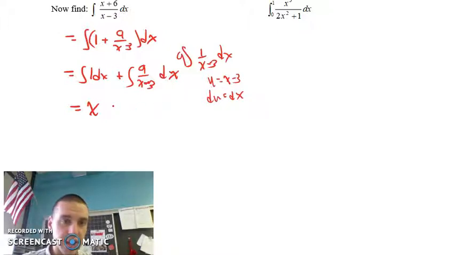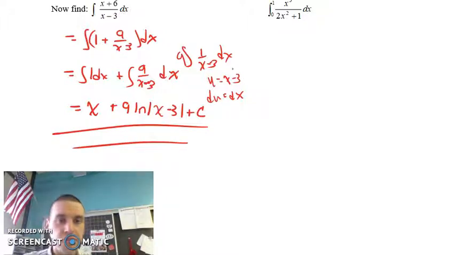And so I can say that this is plus 9 times the natural log of absolute value of x minus 3 plus c. I know I did that quick here, but you'll get 9 times the integral of 1 over u du, and then that's ln of absolute value of u, and I plugged u back in. So that's where I got that.